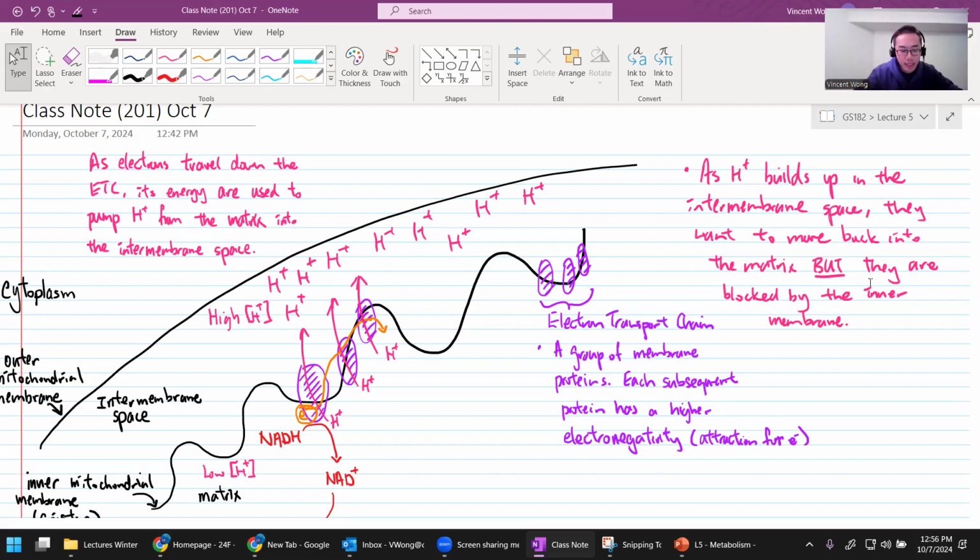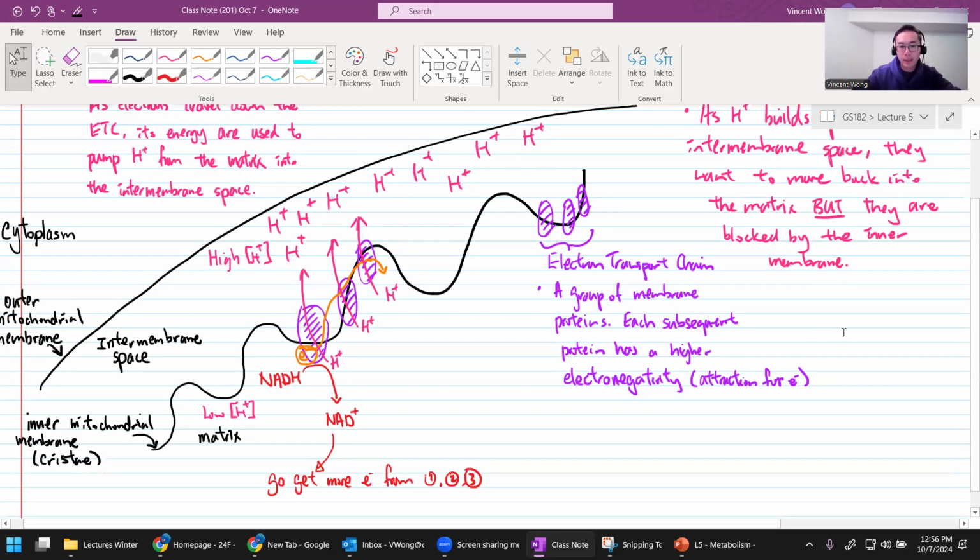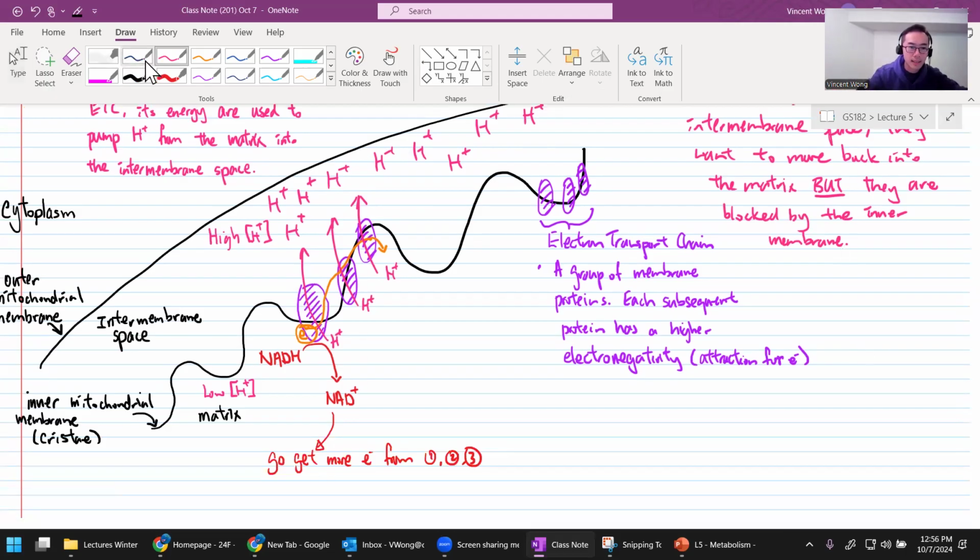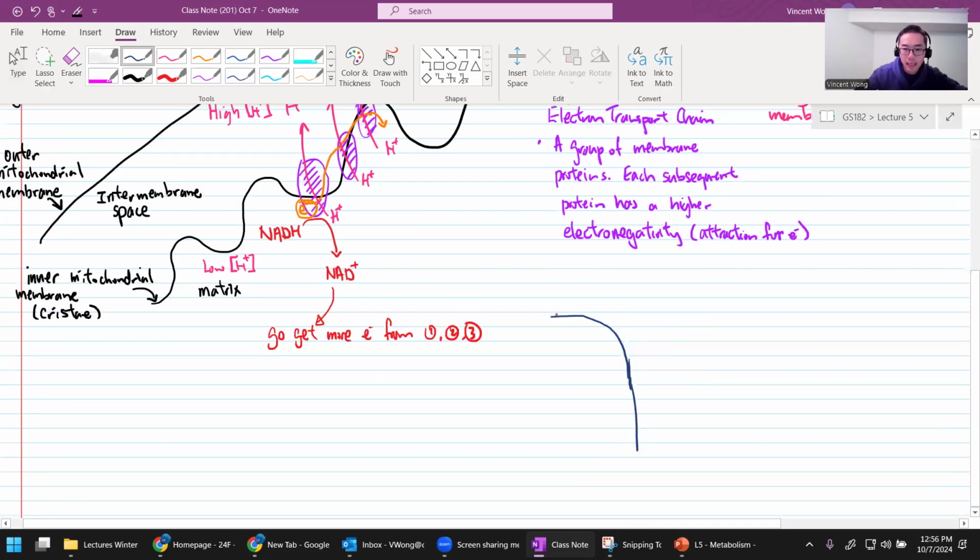Now, to help you understand this, this is like how a dam works, right? Here, don't draw this. Just listen, okay? It's like there is a waterfall, and then you build a dam. So what does the dam do? The dam is going to block the water. The water is going to want to fall down, but it can't because the dam is in the way, right?